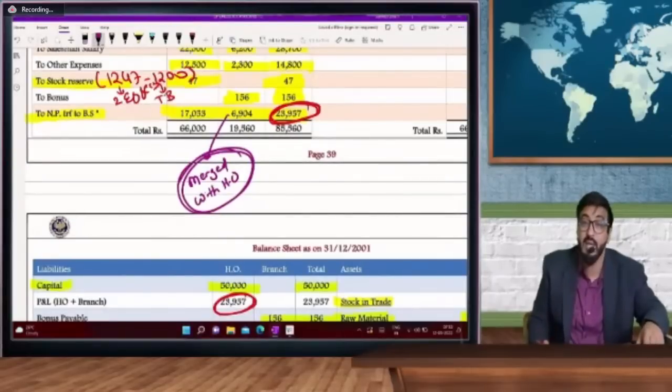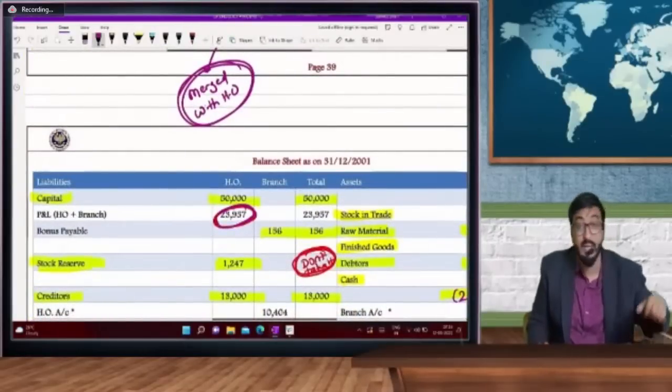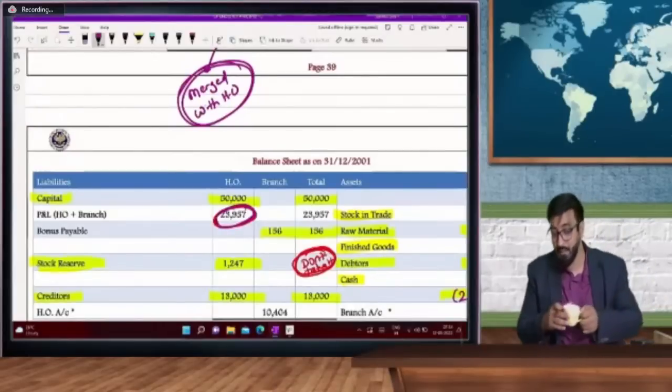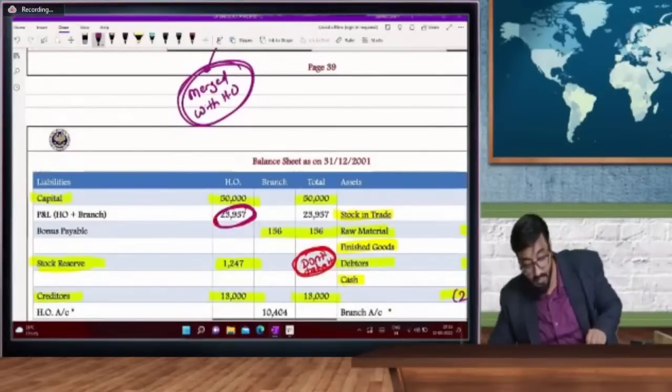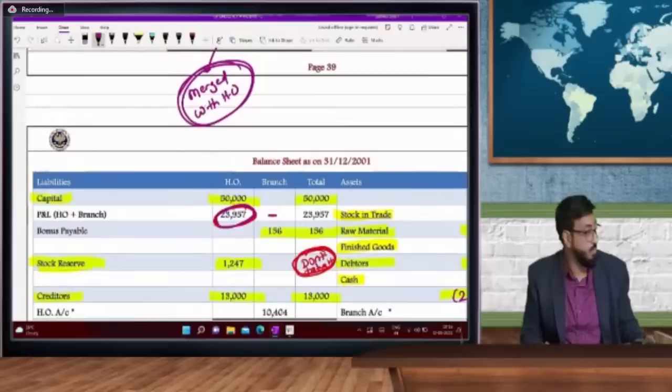Our aim is to merge with head office profit, and here you are going to consider 23,957 in the P&L of head office. Don't write anything in branch books about profit.